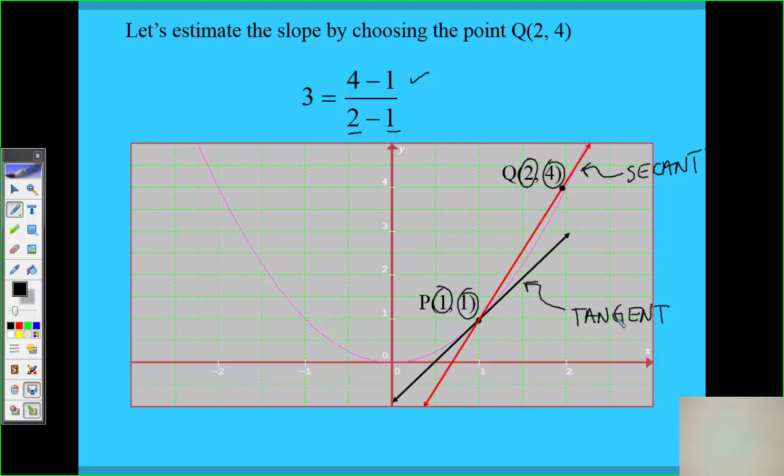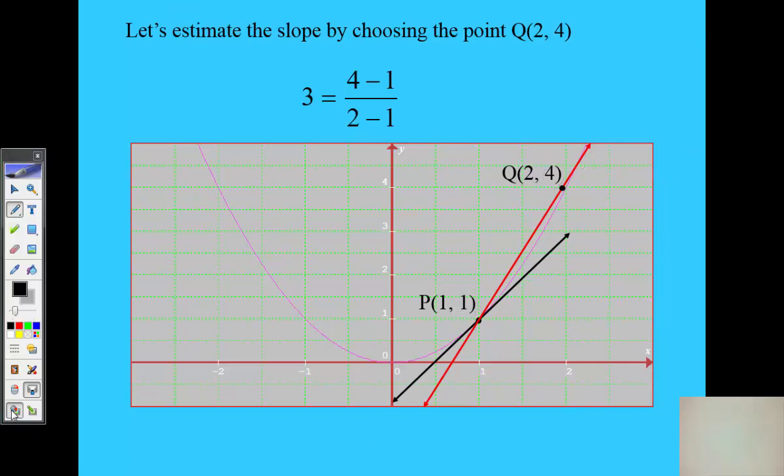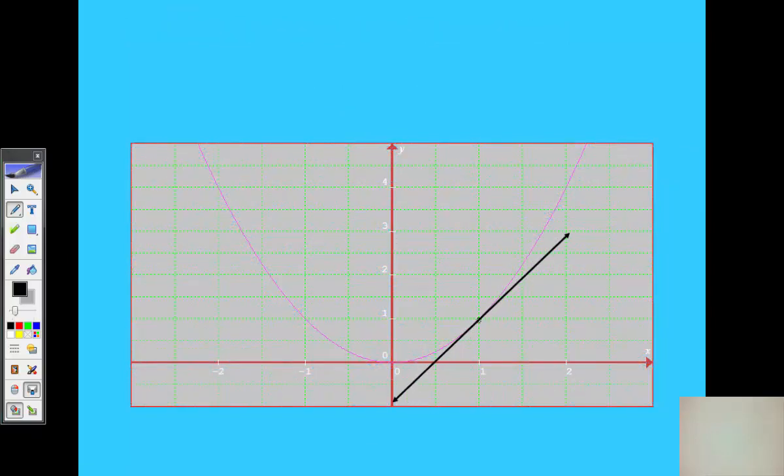We are going to use a secant line to help us get there. We used the slope of that secant line in the last video to estimate the slope of our tangent line. We said the slope of that secant line was 3.